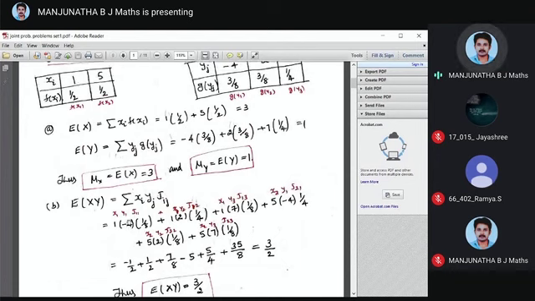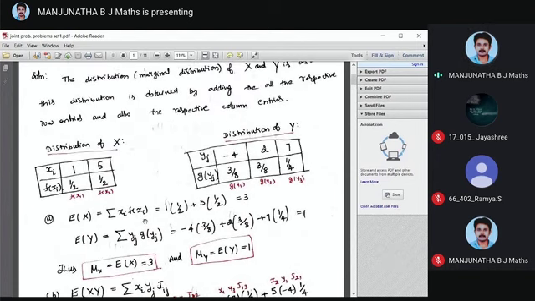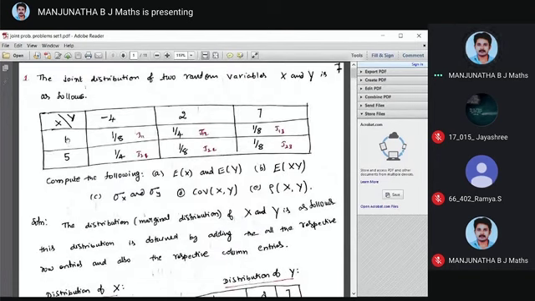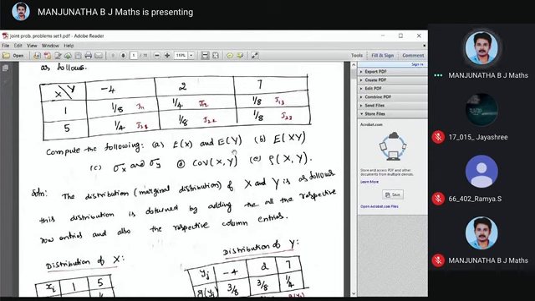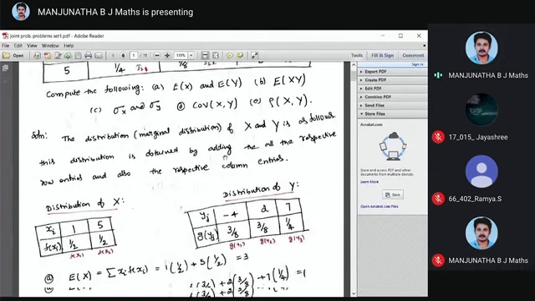Instead of writing x1, y1, J11, that is nothing but the product x1, y1, J11: 1 into minus 4 into 1 by 8, 1 into 2 into 1 by 4, 1 into 7 into 1 by 8. That is first x1 with each yj. Next x2 with each yj and the corresponding probability: 5 into minus 4 into 1 by 4, 5 into 2 into 1 by 8, 5 into 7 into 1 by 8. Right? This is expectation of xy.